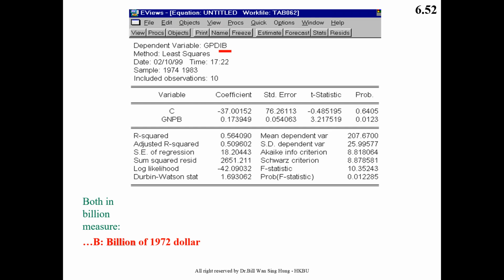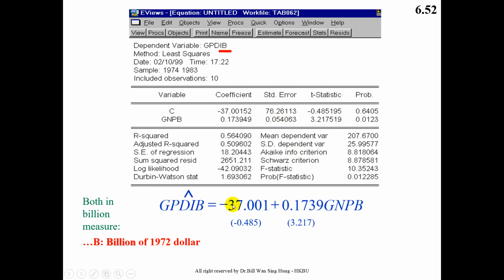Let us suppose both the dependent and independent variables are in billions of 1972 dollars, then this is the estimated equation, and these are the t values for the intercept and the explanatory variable coefficient.